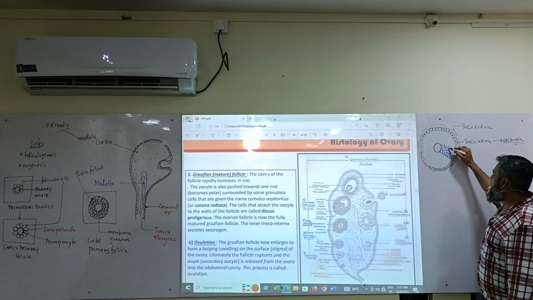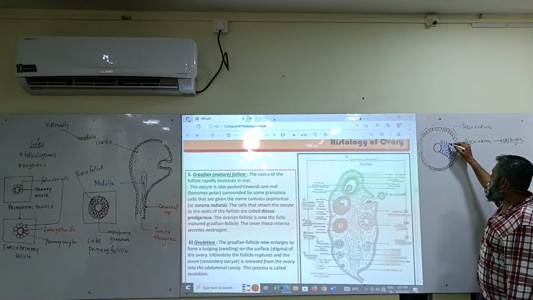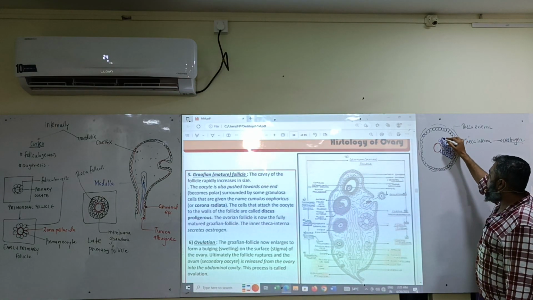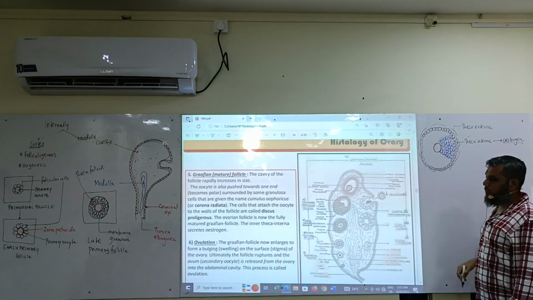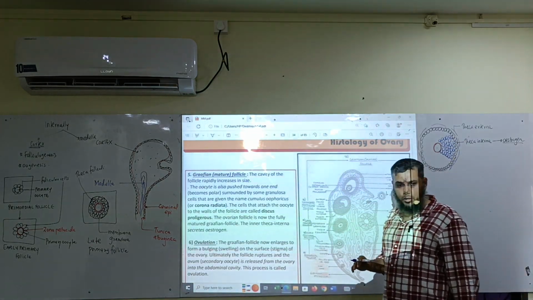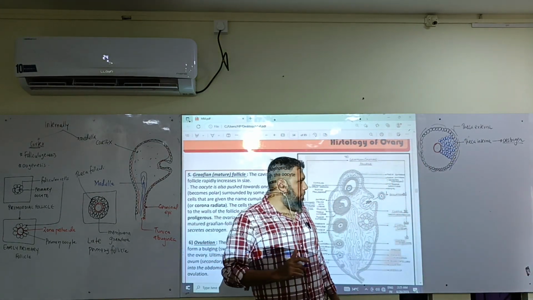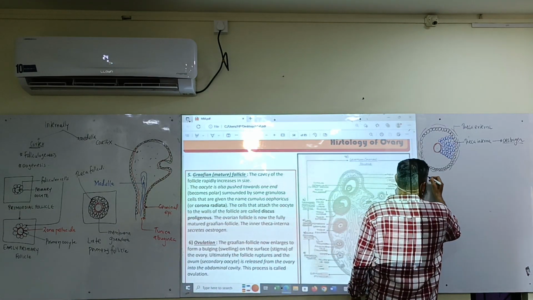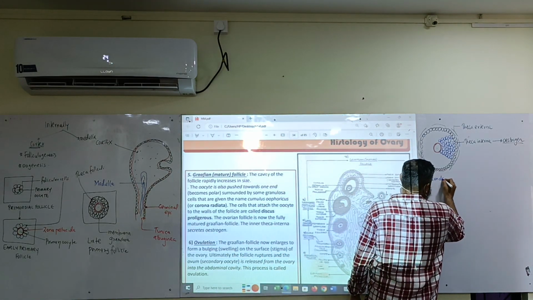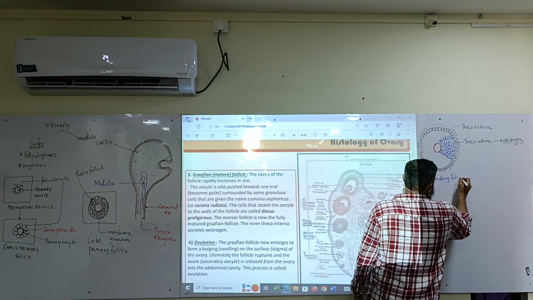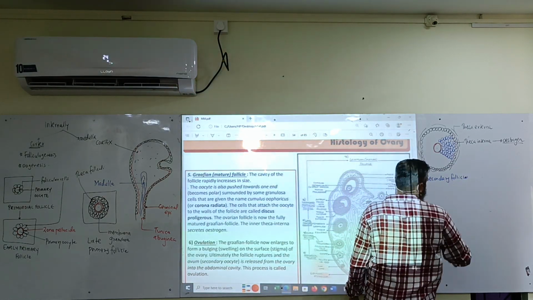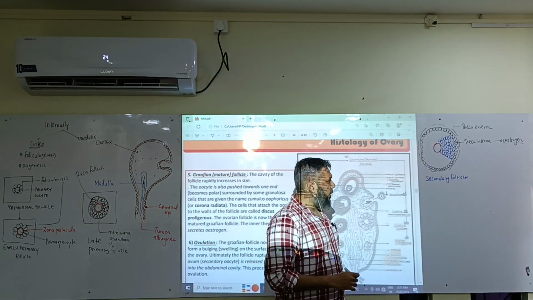Membrana granulosa. It's okay if I don't draw the whole thing. You understood what I am trying to tell you? You understood? Now this structure is given a name which is called the secondary follicle.